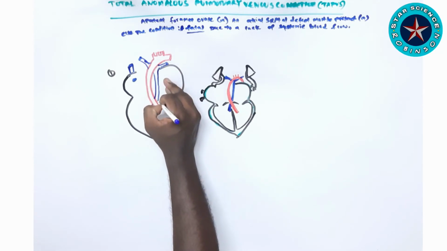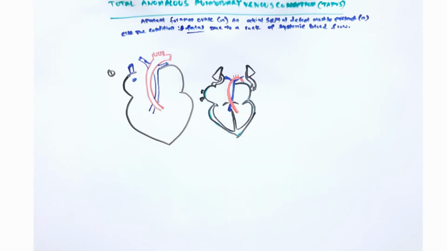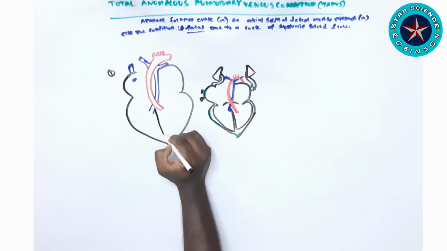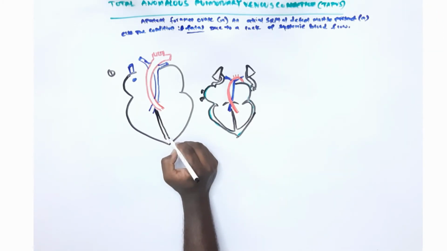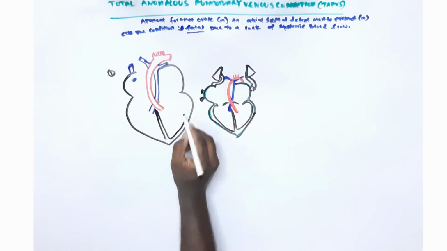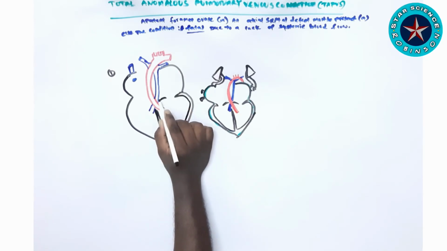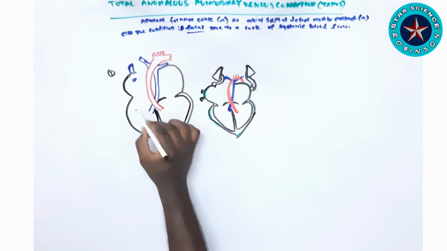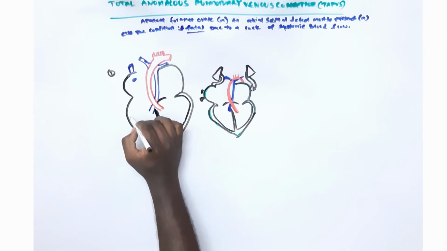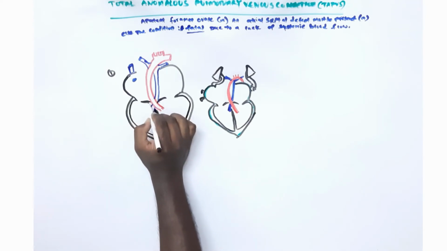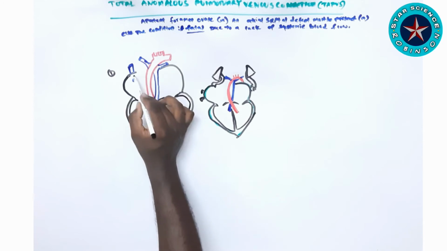The basic problem here is the connection of the pulmonary veins into the left atrium, but it will not connect to the left atrium here, it will connect to some other place in the right atrium. That is the defect we can see in this type of total anomalous pulmonary venous connection.